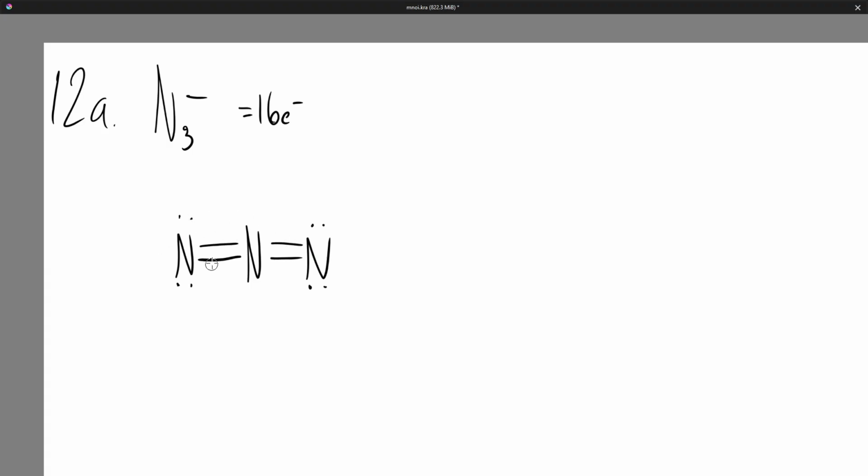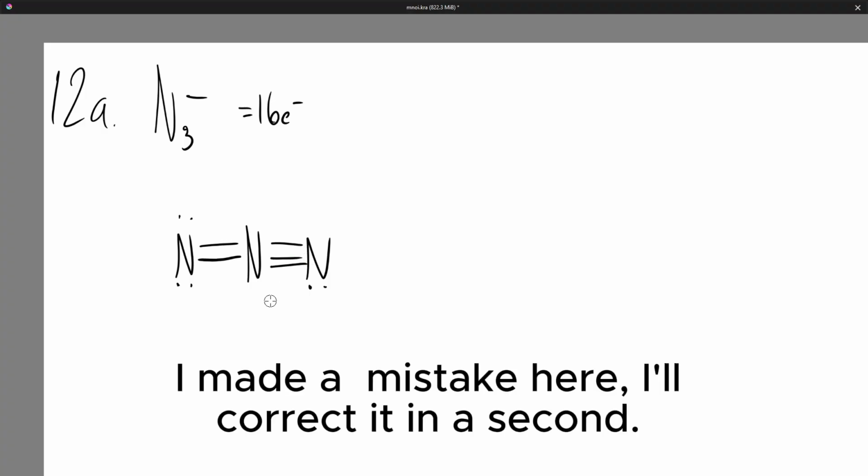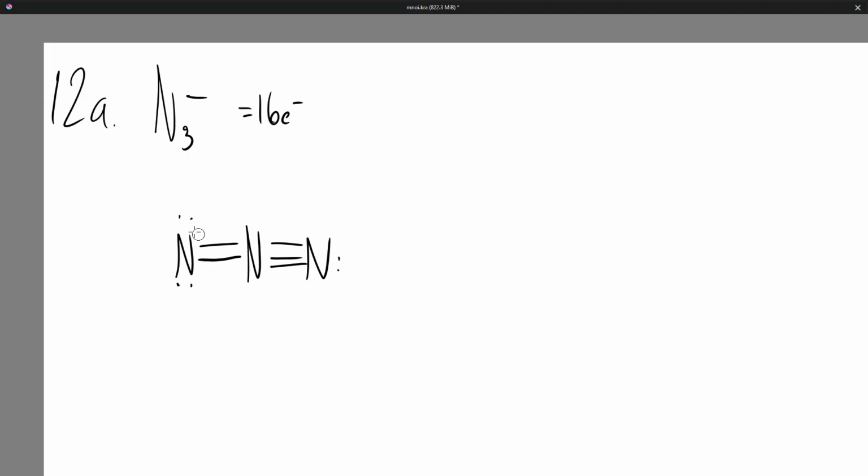Okay, now it's 2, 4, 6, 8, 10, 12, 14, 16. That's good. But now it's missing a lone pair here. So instead of that, we give it a double bond right here, or a triple bond. Everything's good. We use 16 electrons. 2, 4, 6, 8, 10, 12, 14, 16.